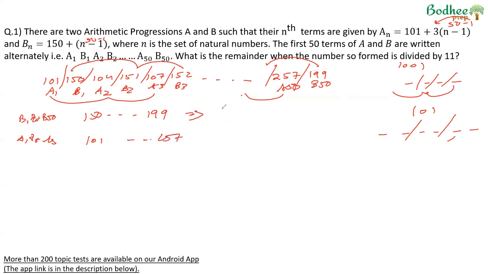If you look at this term, number of terms is 50. First term 150, last term 199. Here also, number of terms is 50.